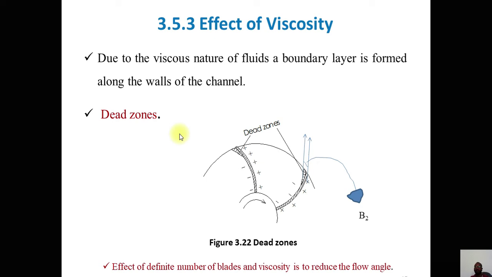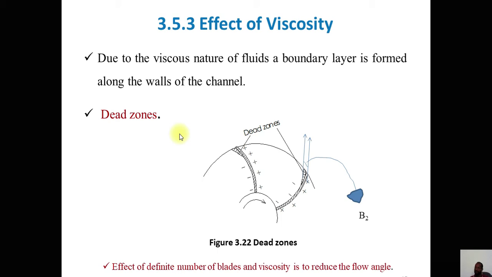The other factor is the effect of viscosity. What happens to the flow with the viscosity of the fluid? Fluid is either gas or liquid, and mostly in the case of liquid it has its own viscous nature.